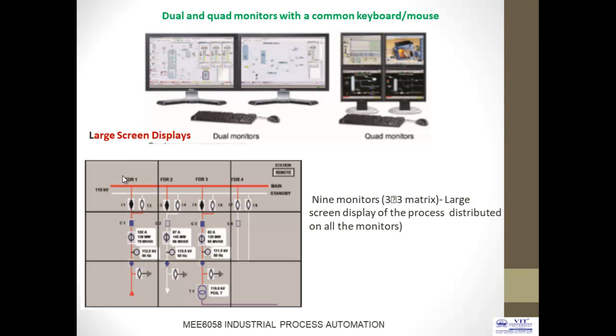Coming to displays, we also have 9 matrix displays. Okay, 9 monitors. If you go into big process industries, we can find 9 monitors, 1, 2, 3, 4, 5, 6. Each and every monitor shows large screen displays of the process distributed on all the monitors.